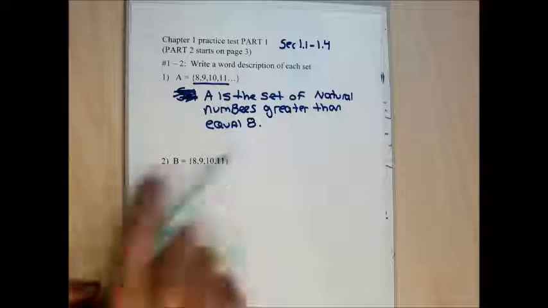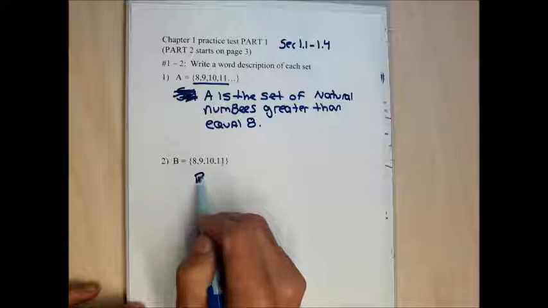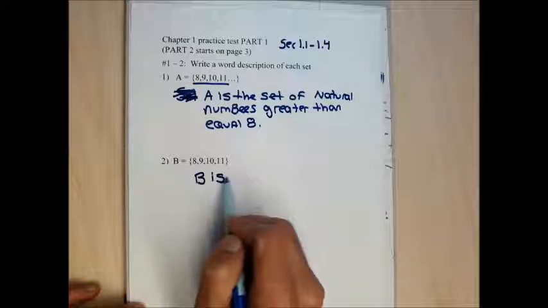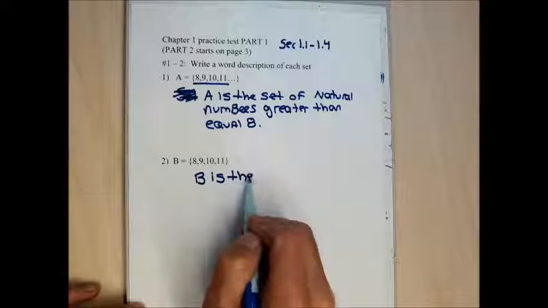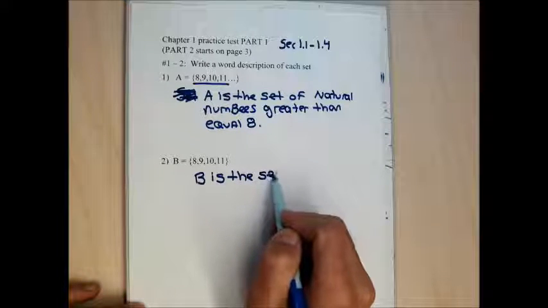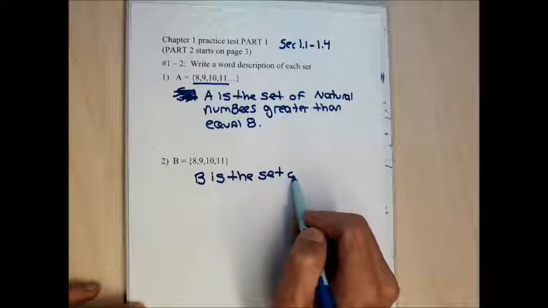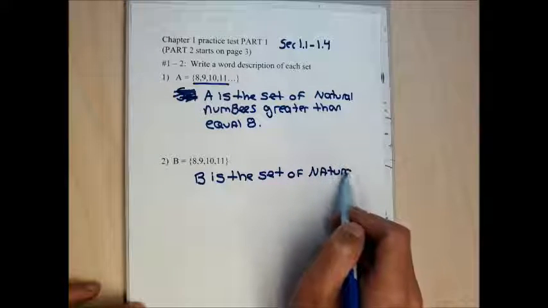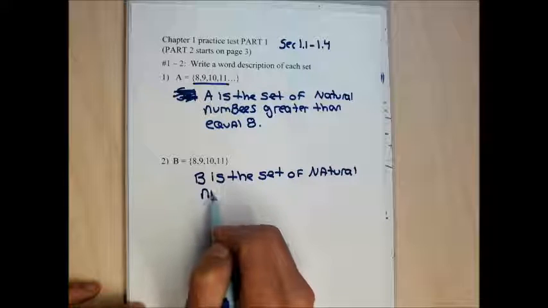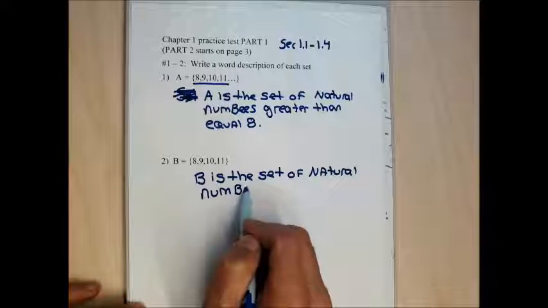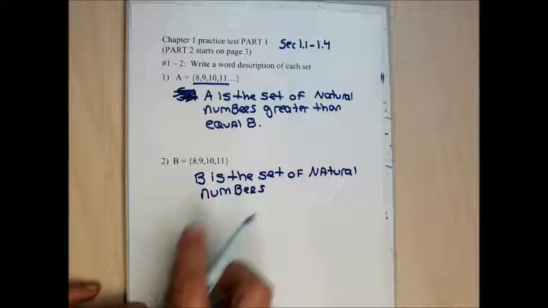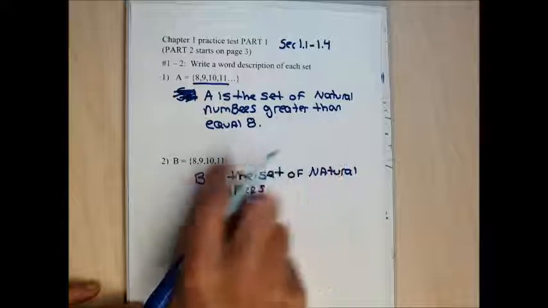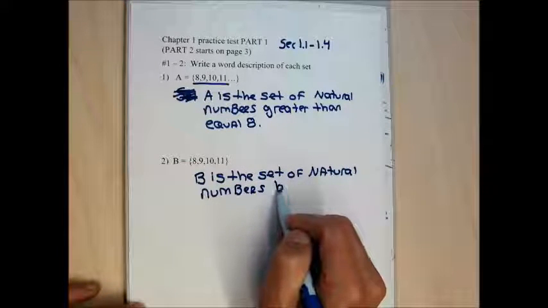When I do question 2, I might start off saying B is the set of natural numbers again, because the numbers 8, 9, 10, and 11 are natural numbers. And then, because there's a highest and a lowest number, I usually use the word between in my description. So instead of greater than or equal to, I'm going to say between.